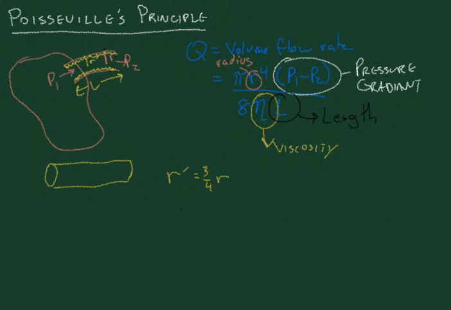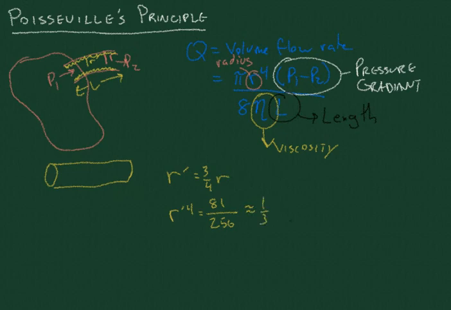Notice that if I say R prime to the fourth, 3 squared is 9, and 9 squared is 81. 4 squared is 16, and 16 squared is 256. And this is about 1/3.